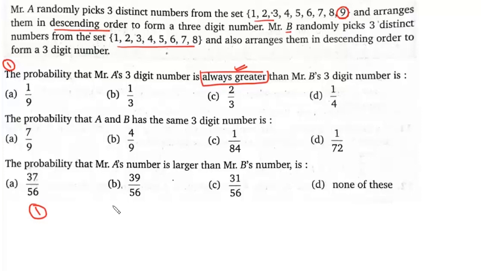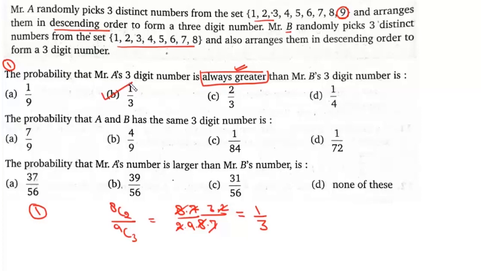So from the remaining 8, we have to select any 2, divided by 9C3. Now this is 8, 7, 2 and this is 9, 8, 7 and this is 3 into 2. Now 8, 7 will cancel, 2 will cancel. So this probability is 1 by 3. So there is a 1/3 probability that Mr. A's 3-digit number is always greater than Mr. B's 3-digit number.